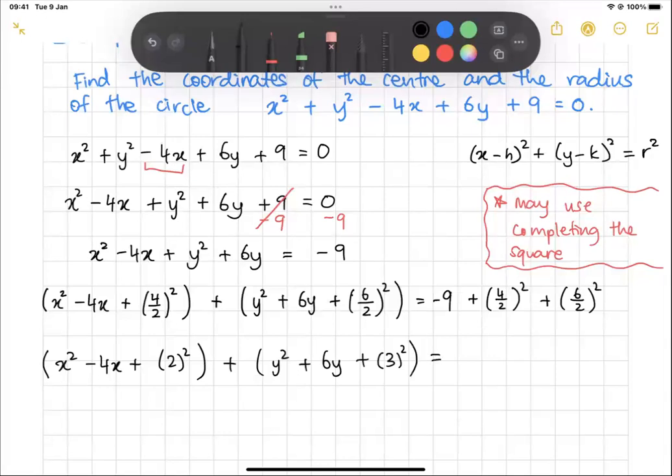Close the bracket. And on the right-hand side, you can just write down negative 9 plus half of 4, which is 2, and whole squared, that should be 4. And this one should be 9 as well.